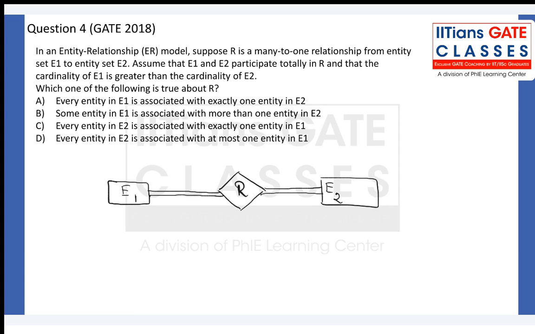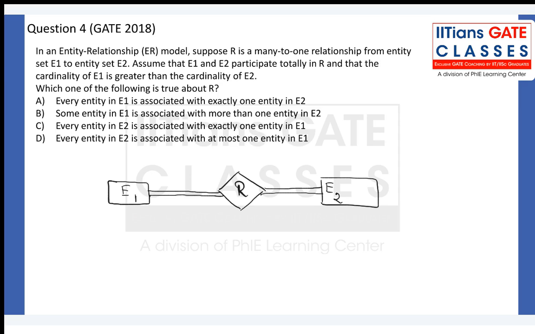These are sets, which means they have different sets of objects in them, entity sets. For example, you can take student and course. There are different students, and the number of students is more than the number of courses. That is always the case. So the cardinality of E1 is greater than the cardinality of E2.